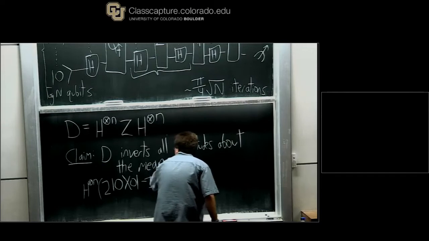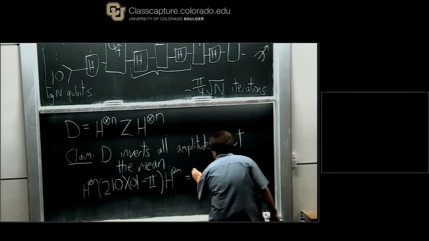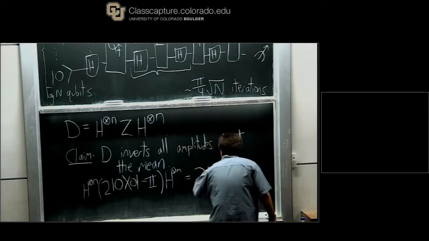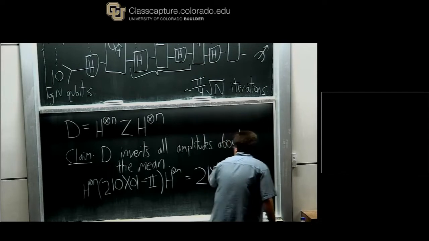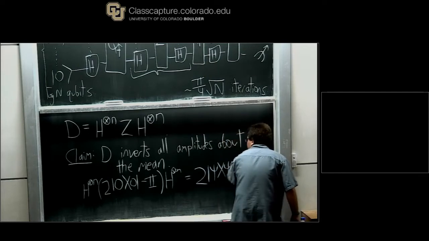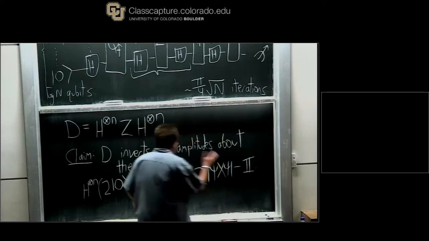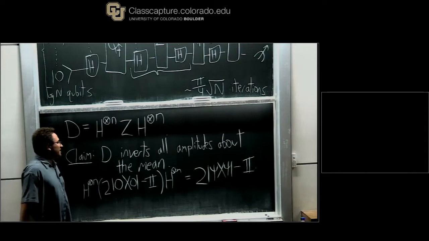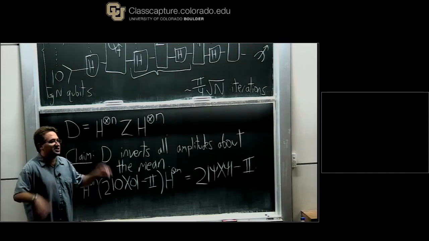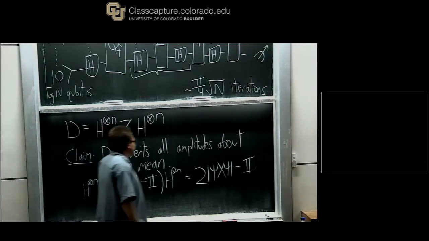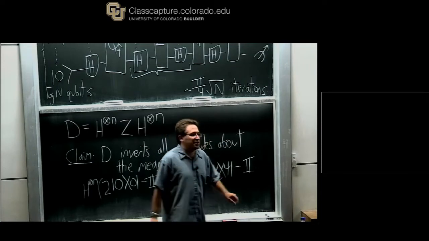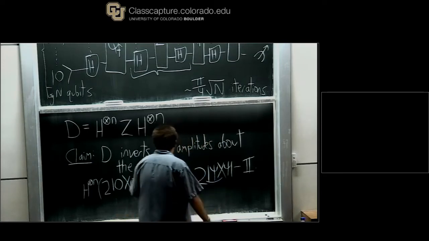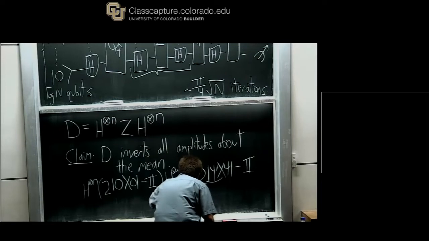And this D is just twice |psi><psi| minus the identity operator, which, by the irrelevance of global phase, is basically just the identity operator minus twice |psi><psi|, the same difference, where psi is just an equal superposition over all n computational basis states.